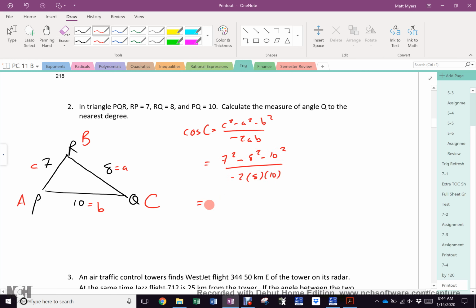And then, what do I have to do? I've got to shift cos. Now listen to me. This is a real bear to try and punch into your calculator all at once. Give it a shot, see if you can do it. I recommend getting this decimal first and then shift cos.